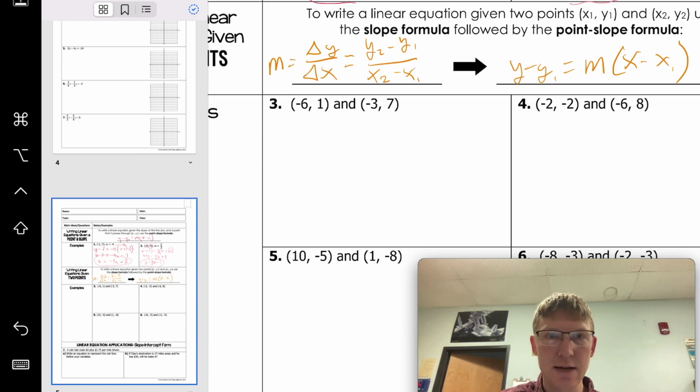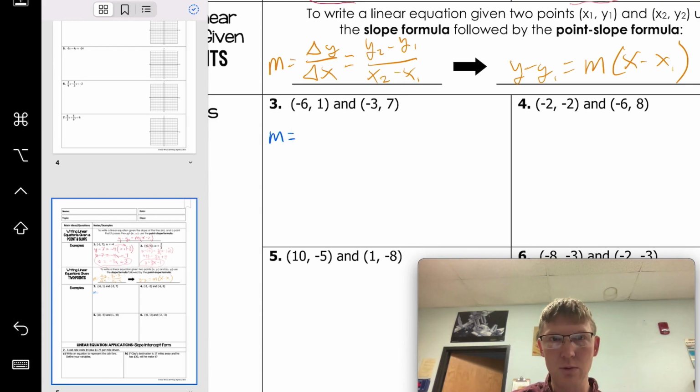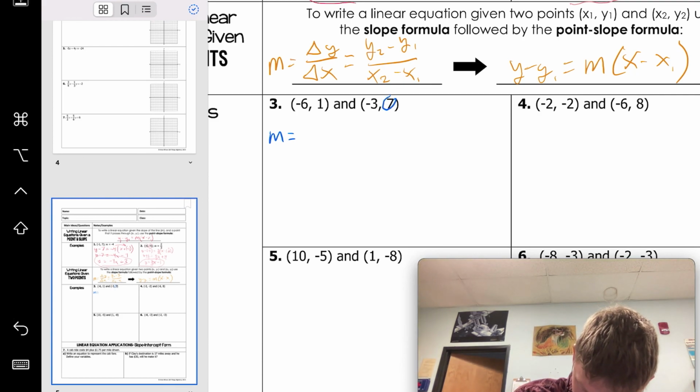Okay, our first example has -6, 1 and 3, 7. So our slope is going to be equal to, we can call this 2 and that 1, rise over run. So we're going to do y and y.